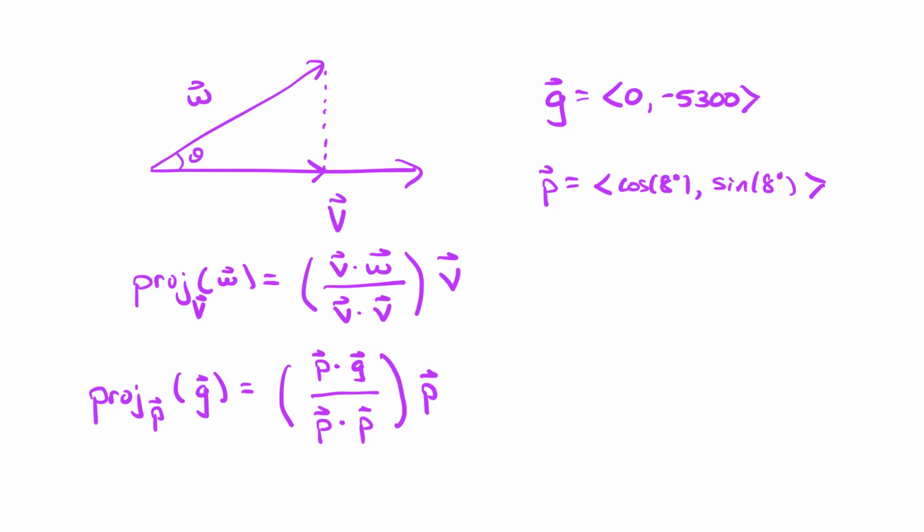For these dot products, G dotted with P is just going to be negative 5,300 times the sine of 8 degrees, because 0 times the cosine of 8 was 0, and then we had negative 5,300 times the sine of 8, and we add those together.